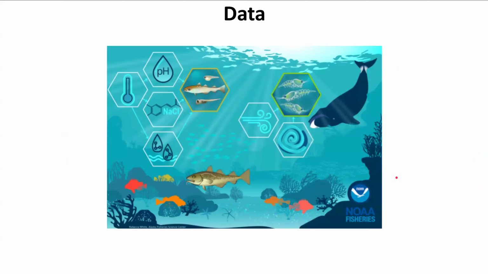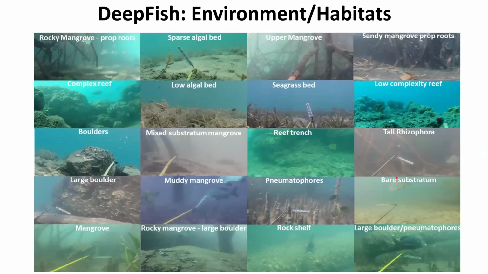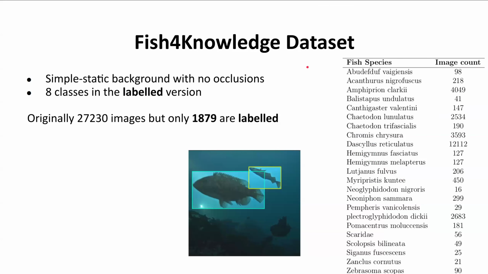On to the data that I was talking about earlier. The first benchmark data set is called DeepFish, and it has 20 different habitats, but it only has one kind of fish. Fish4Knowledge, on the other hand, another benchmark data set, has 8 different classes. Now, one of the big problems with object detection in computer vision is that you have to label images, and labeling takes much longer than labeling for classification alone.